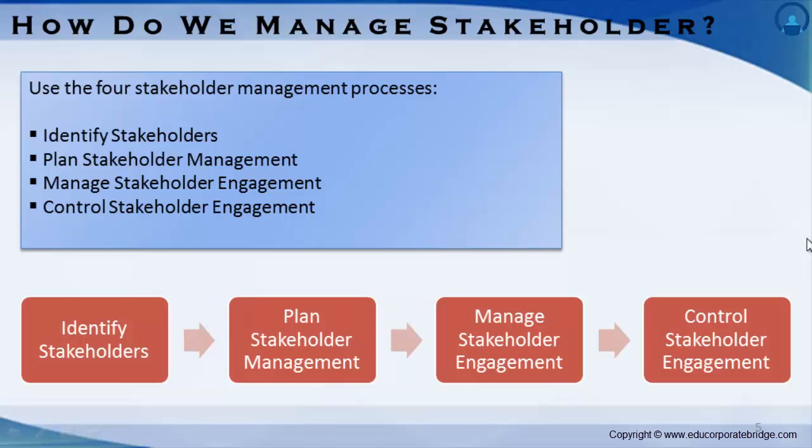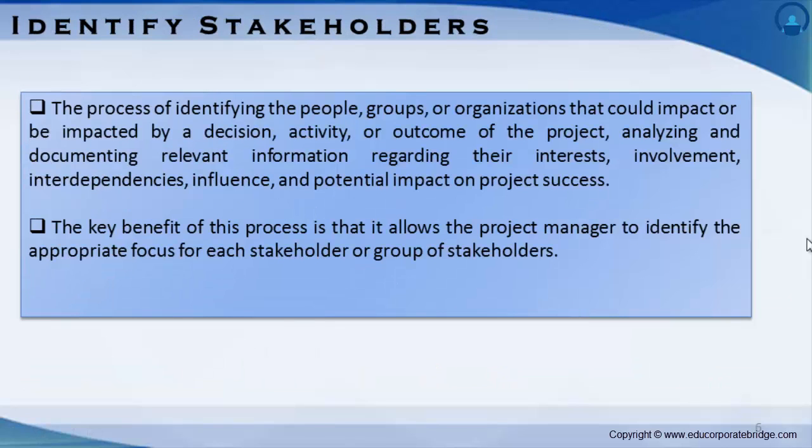Manage stakeholder engagement is a part of executing process group, and control stakeholder engagement is a part of monitoring and controlling process group. Now let us start with the first process in this knowledge area, which is identify stakeholders.